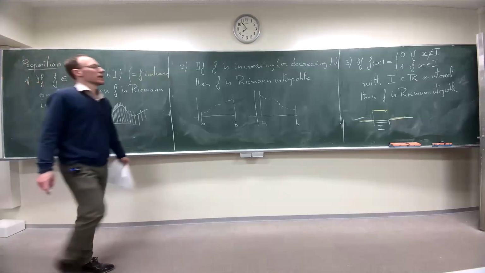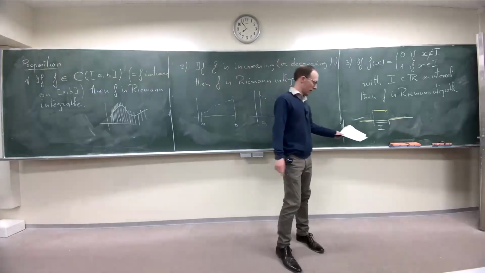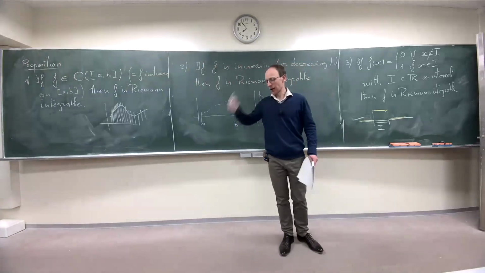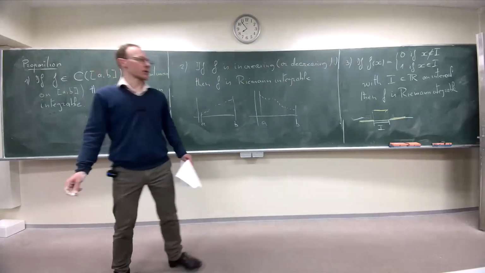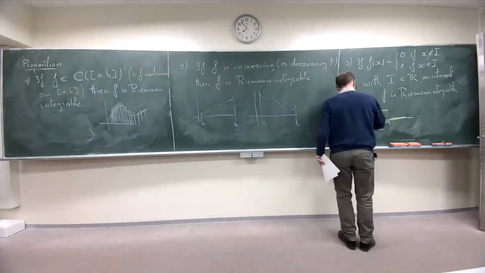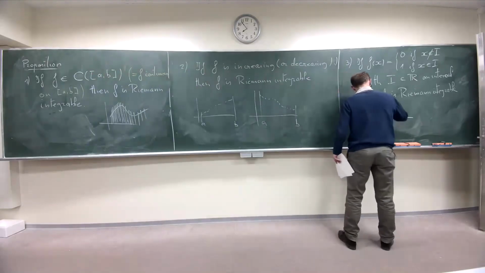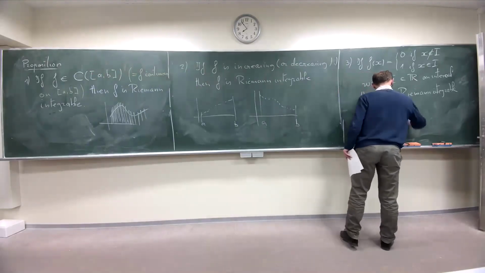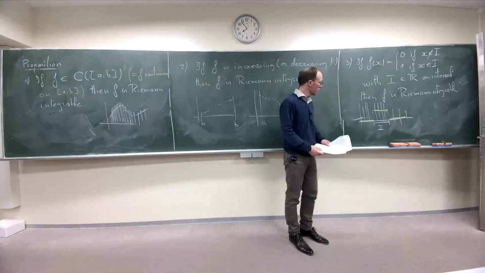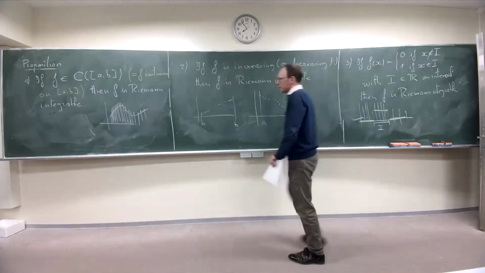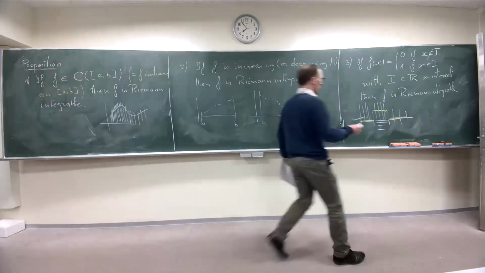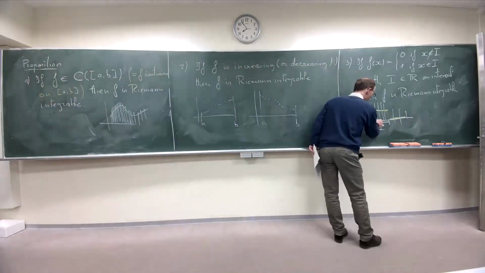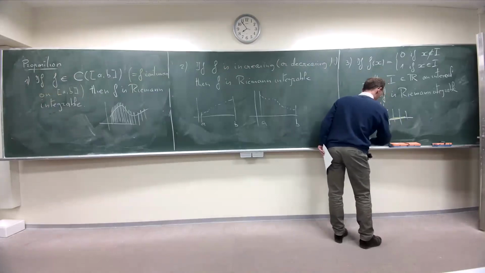Nevertheless, you can check with the definition of Riemann sums why it is Riemann integrable. Take any subdivision. On any subdivision, there are two nasty intervals, but only two. This interval is nasty, and probably this one is nasty.